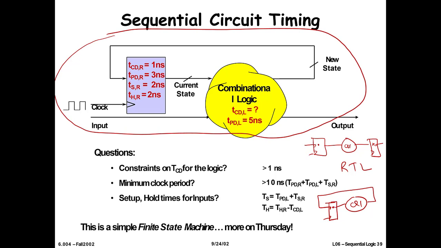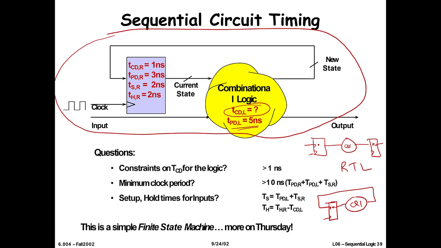You are given that the contamination delay of R is 1 nanosecond, propagation delay of R is 3 nanoseconds, setup time is 2 nanoseconds, hold time is 2 nanoseconds. For combinational logic, what should be the value of TCD, if TPD is this? You have just two formulas.